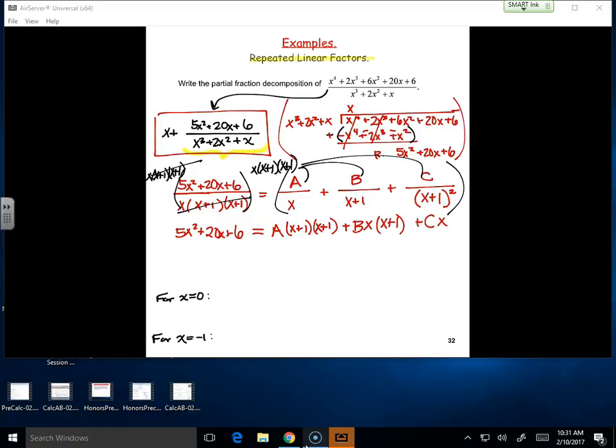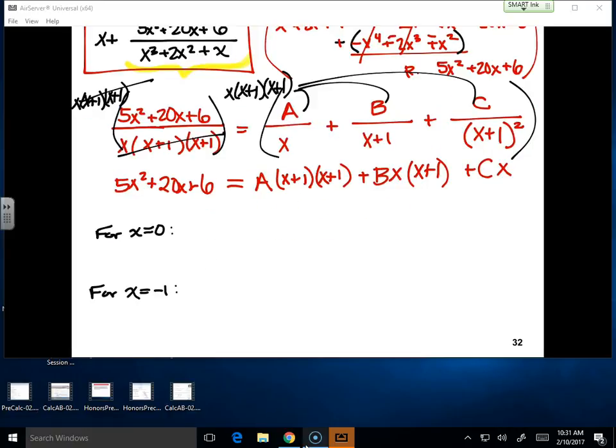Let's see if they work well now. It's a little bit easier to plug into. When x equals 0, you guys ready to plug in? When x equals 0, wait a minute. Isn't that 0 plus 0 plus 6 on the left? 0, 0, and 6. On the right, I get A times, what's 0 plus 1?